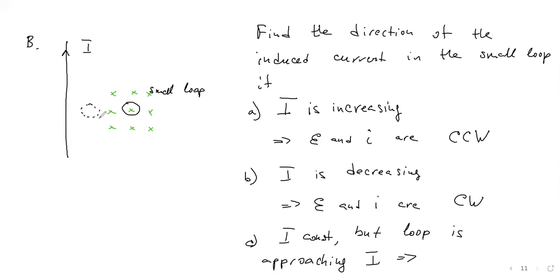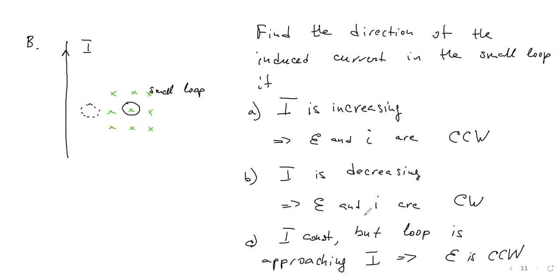It will be like the first one, because it's increasing the magnetic field. When you move closer to the current, the magnetic field is stronger. You get a stronger field not because you increase current, but because you move closer. Then it's going to be counterclockwise. If you move this loop away, then the EMF will be clockwise.